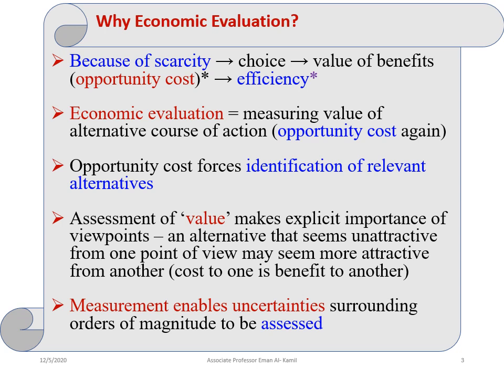We are thinking about the alternatives or the program which we are going to choose. Sometimes we choose the program which is more efficient, which means we always try to maximize the benefit, the efficiency, and decrease the cost. So economic evaluation measures the value of alternative courses of action, which is what is meant by opportunity cost, which we have already discussed.